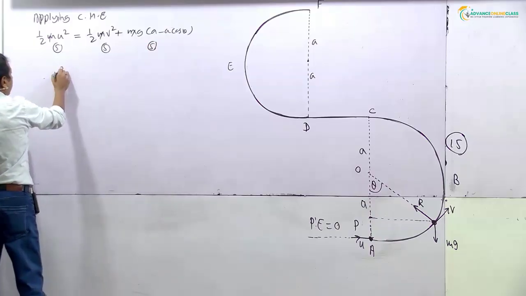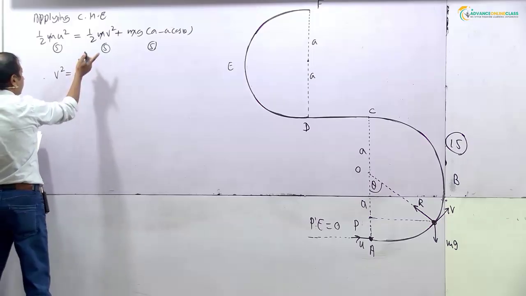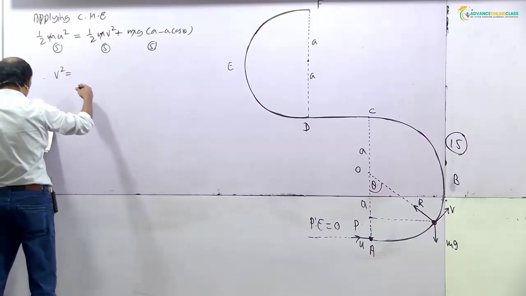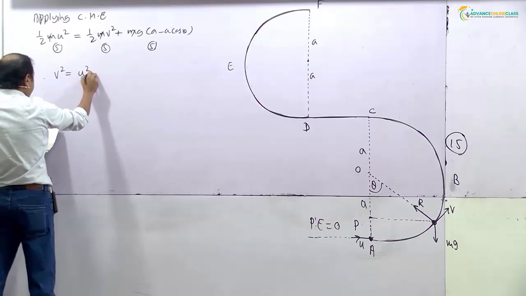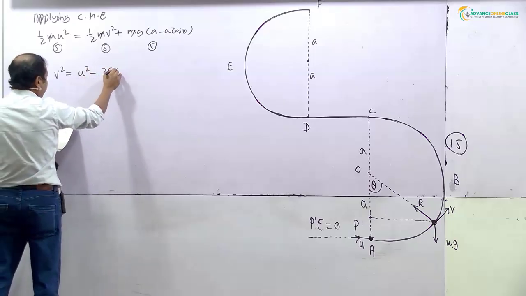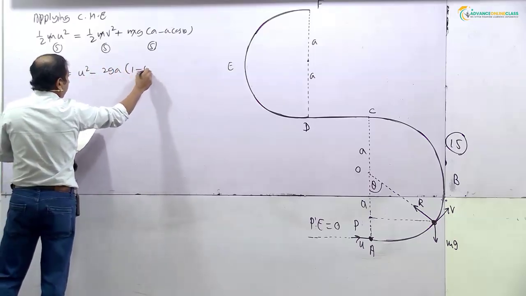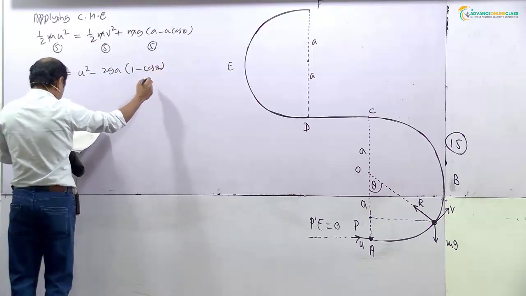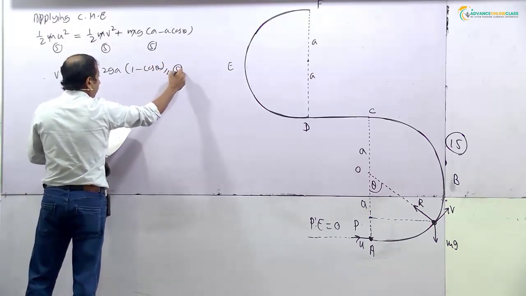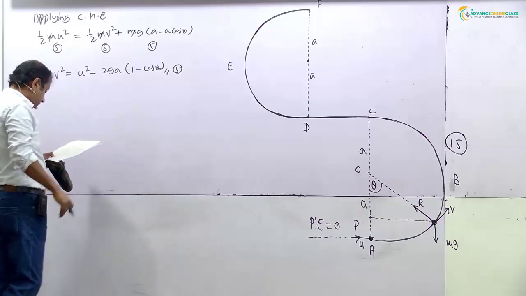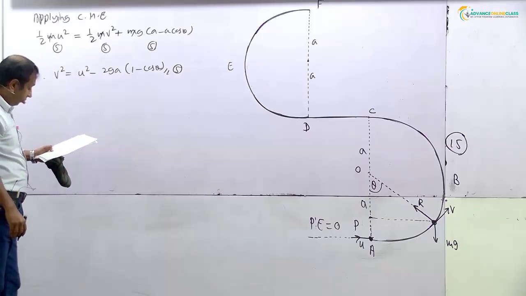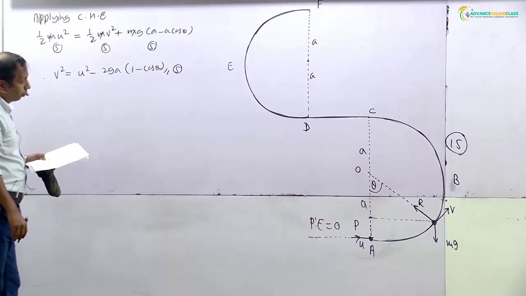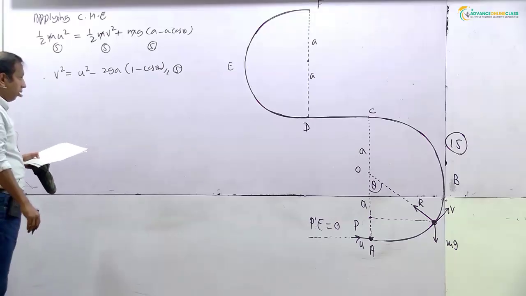By this, of course, we can get v squared: first multiply by 2 and take to one side. Then the first answer comes in: v squared equals u squared minus 2gA(1 minus cos theta), right? For this, another 5 marks come in. Okay. Right.